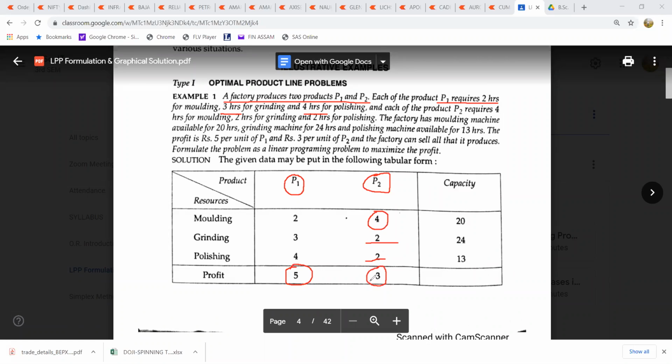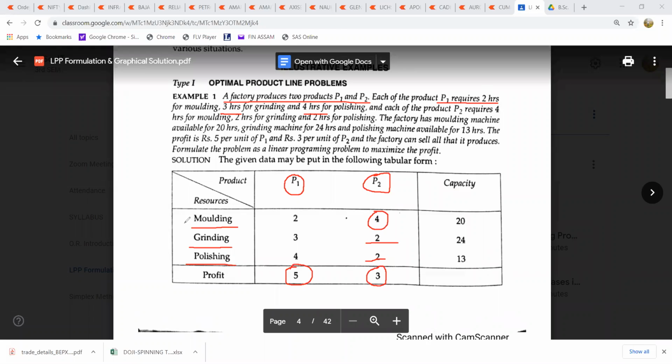So obviously the problem is a profit problem, so the objective function will be a maximization problem. Now the conditions on all three machines.